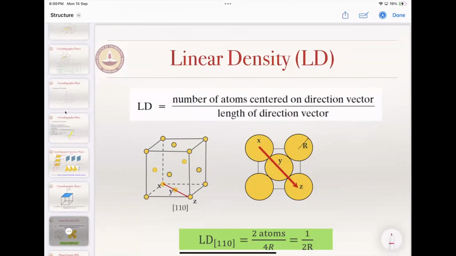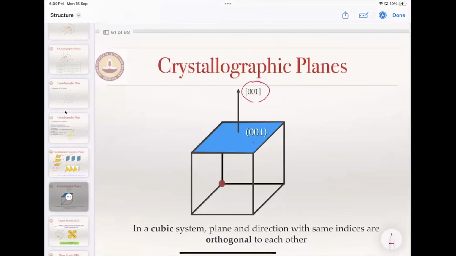Similarly, equivalent crystallographic planes in a cubic system will also be permutations of those symbols, which basically means that the 1, 1, 1 plane is equivalent to 1 bar 1, 1 or 1, 1 bar 1 or 1 bar 1 bar 1. All of them are equivalent. You should keep that in mind.